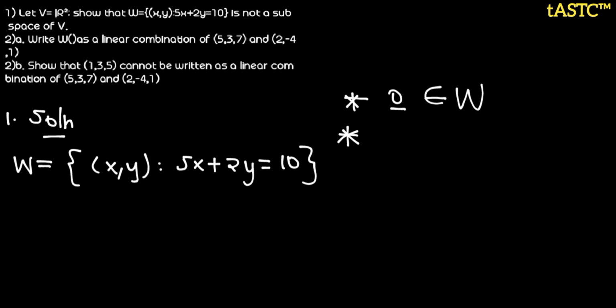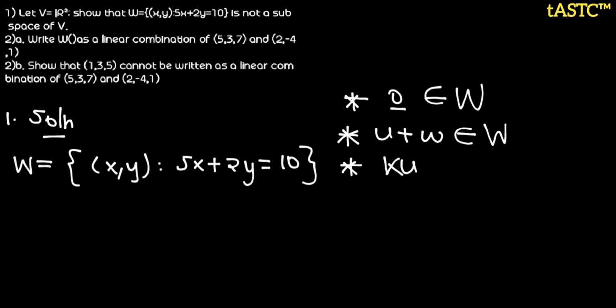And the next test is called the closure under vector addition. What that means is picking out one vector and another and adding them. You should actually have that the answer still exists under that subspace. And if this works for that subspace, there is a last test: the multiplication of a scalar with any vector chosen from that space.